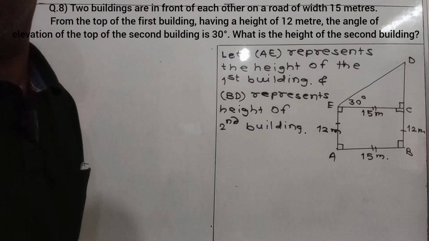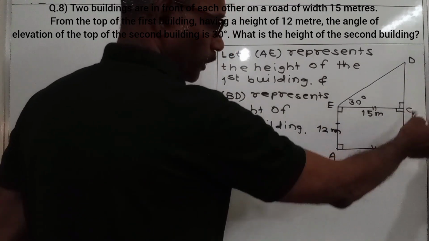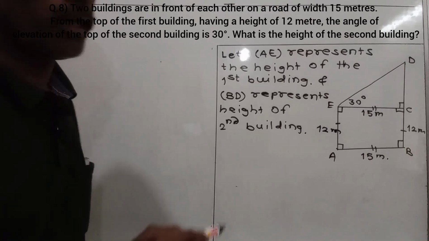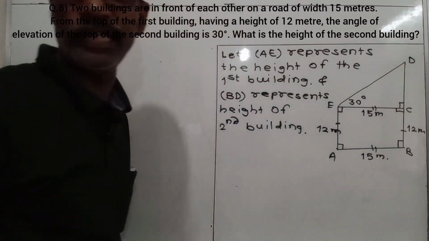Okay, did you get it? Now I have explained everything about this quadrilateral ABCE. Okay. Now we take this right angled triangle CDE.